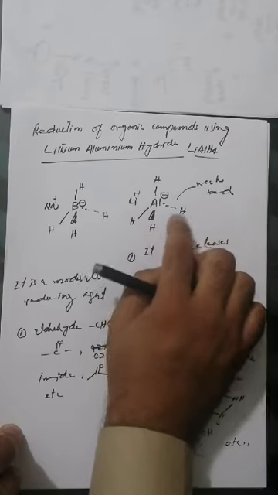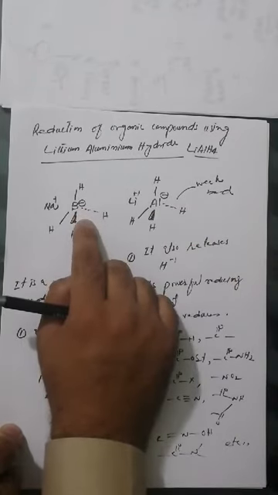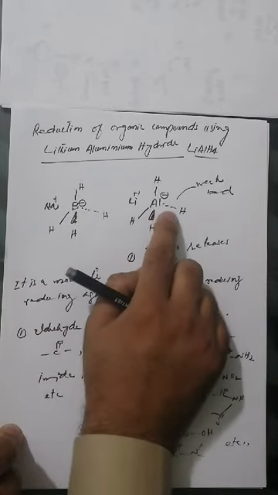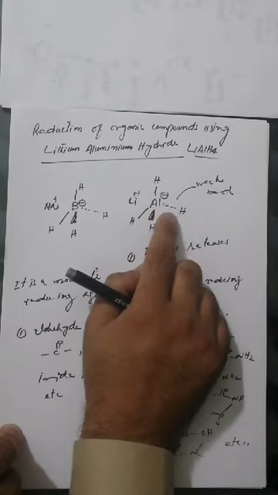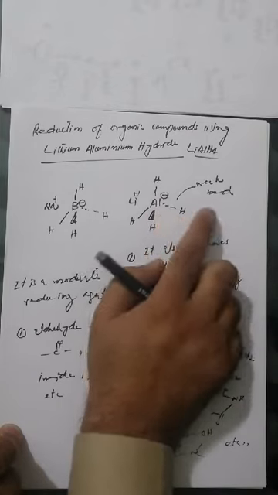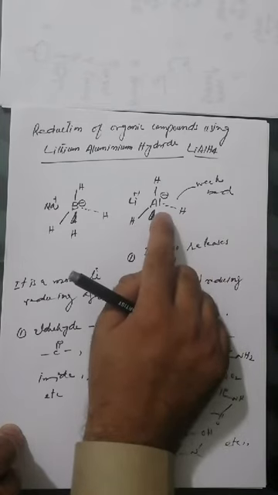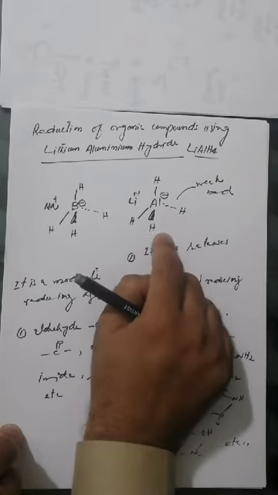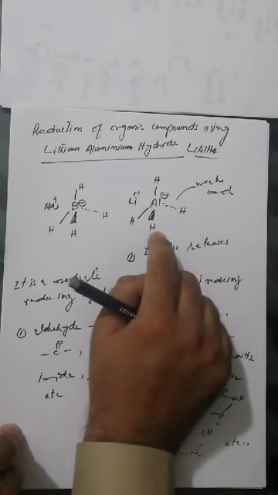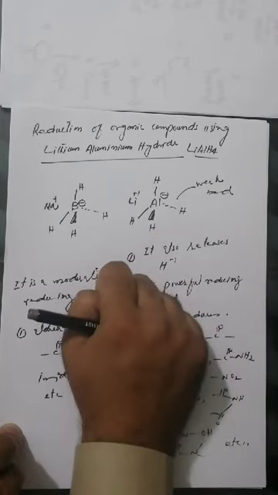This is not as stable a structure as the borohydride ion. So in order to get some stability, it would have a tendency to give off this hydride ion to be formed in AlH3. So that's why lithium aluminum hydride is a more powerful reducing agent as compared to sodium borohydride.